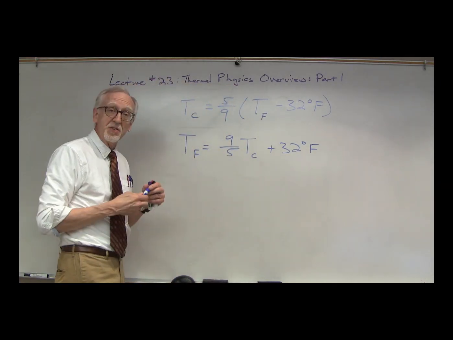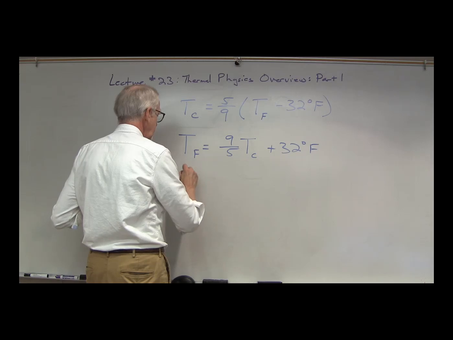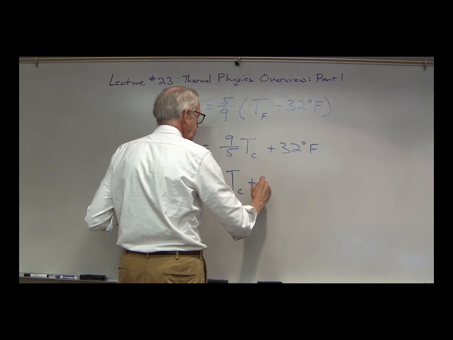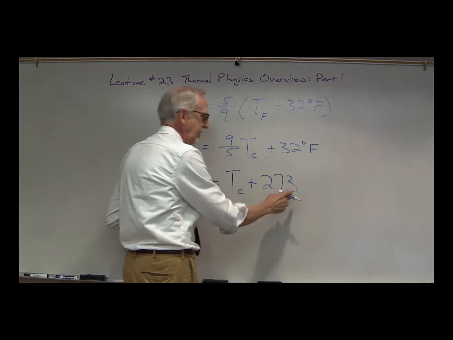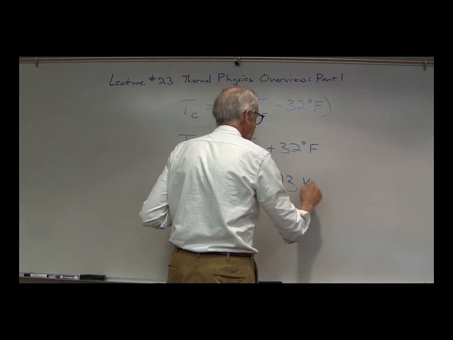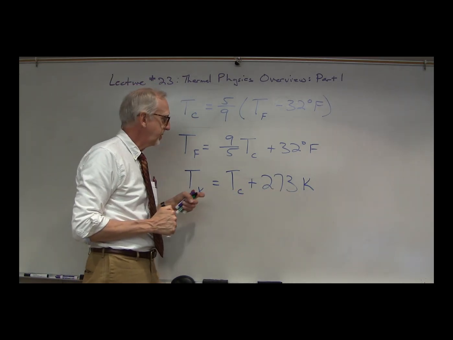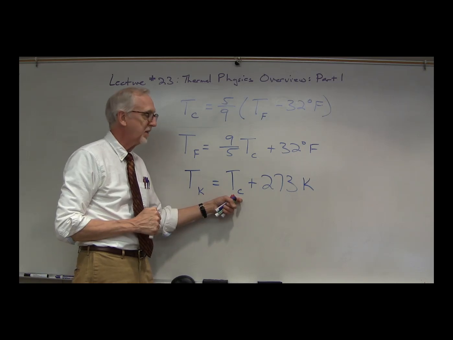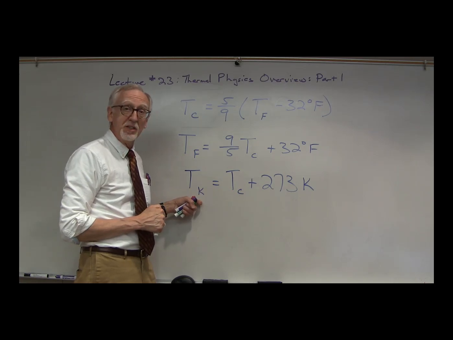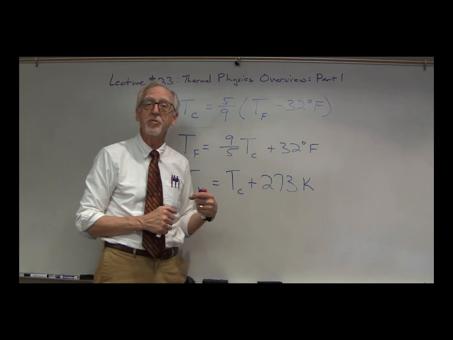It is related to the centigrade Celsius temperature scale in that the temperature in Kelvin is equal to the temperature in Celsius plus 273. Now there are some decimals here, but for 3 sig figs, we'll just leave it at that. So that means that 0 Celsius is 273 Kelvin, 100 Celsius is 373 Kelvin, and the absolute lowest temperature, 0 Kelvin, would be negative 273 degrees Celsius.